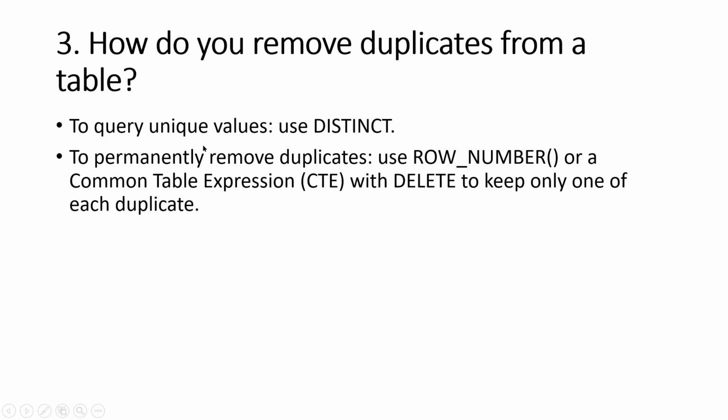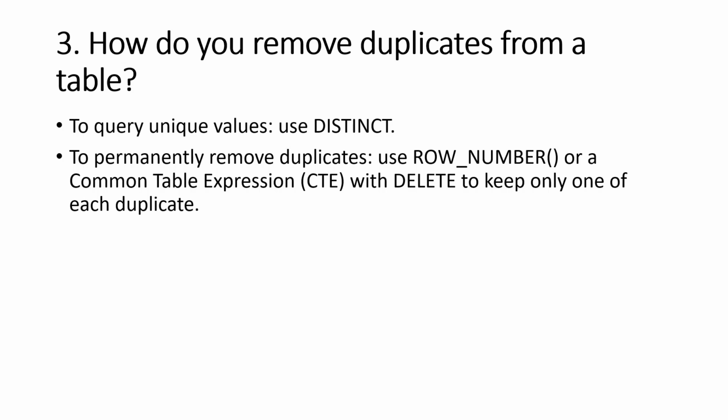The next question is, how do you remove duplicates from a table? To query unique values, we generally use distinct. To permanently remove duplicates, we use a row number or a CTE with delete to keep only one of each duplicate. This is how it goes. You create a new column using the row number function, so that will create the ranks, and there you need to partition by a particular column.